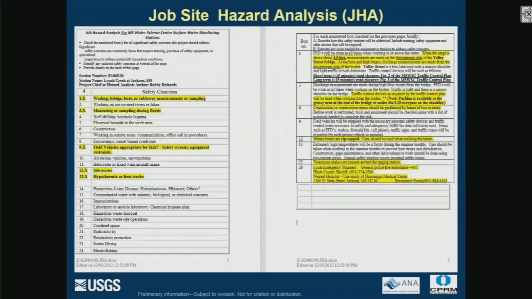This is an example of a JHA, a job hazard analysis that we use for every site that we operate continuously. It's a simple form, and you can basically put anything you want to in here, but what it does is it outlines what people that are going to that site need to look out for. They may not be aware.